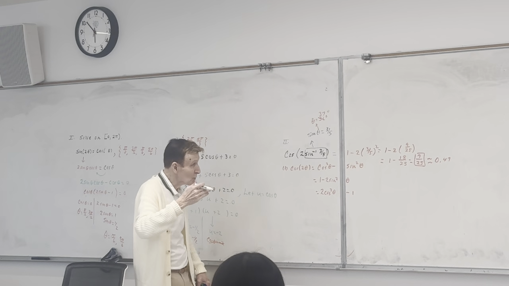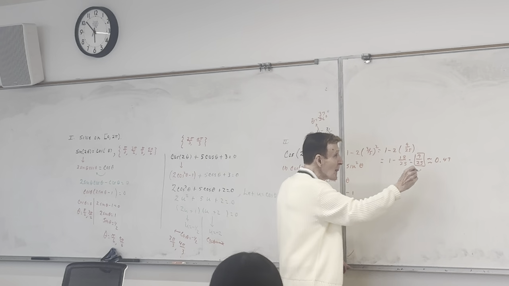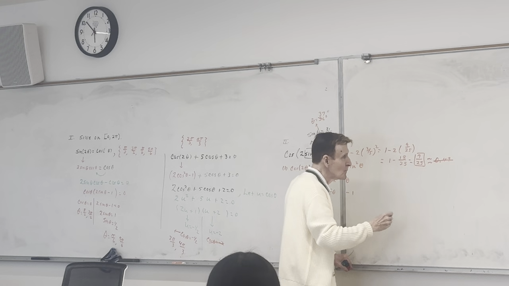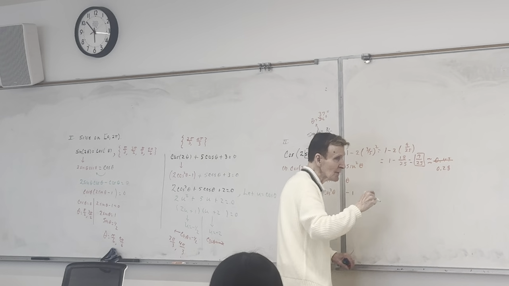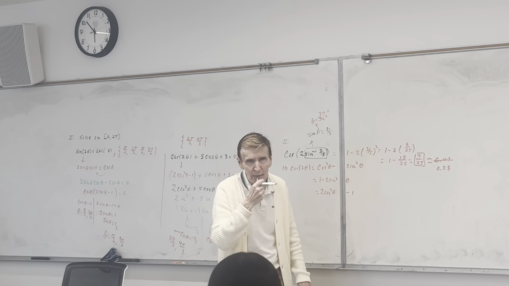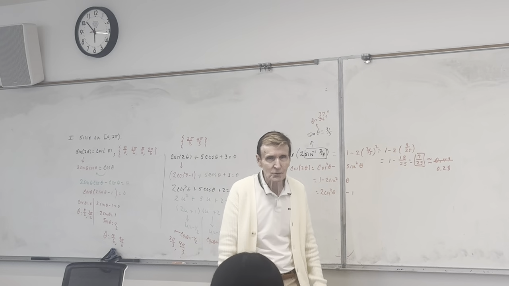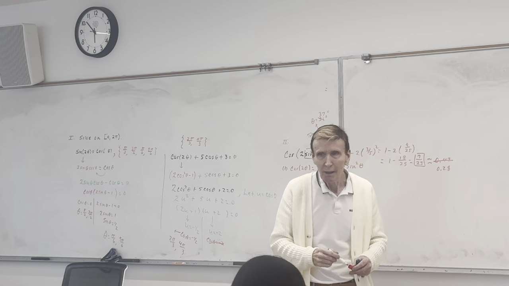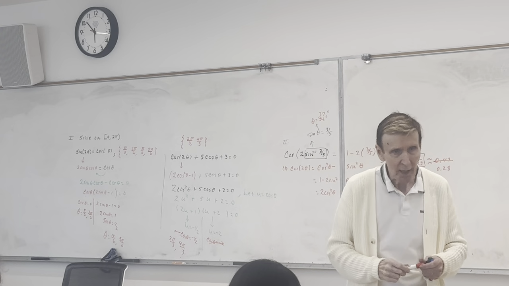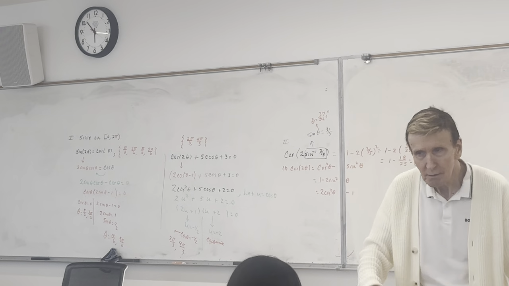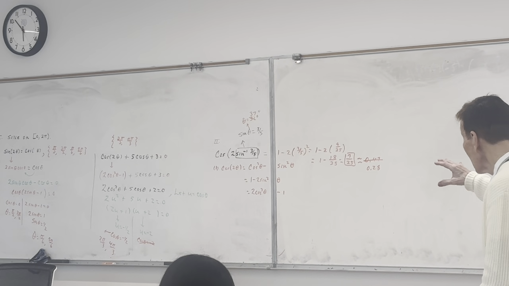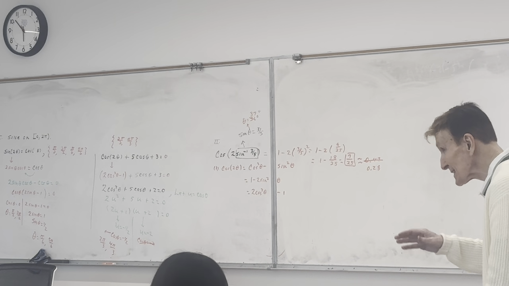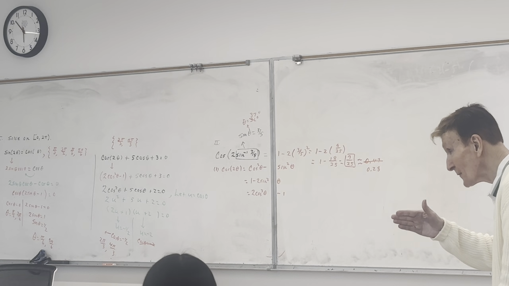Now what's the cosine of 74? 0.28. We got this. We got 7/25. What's 7 divided by 25? 0.28. Yeah. Right? All this coming together for us?